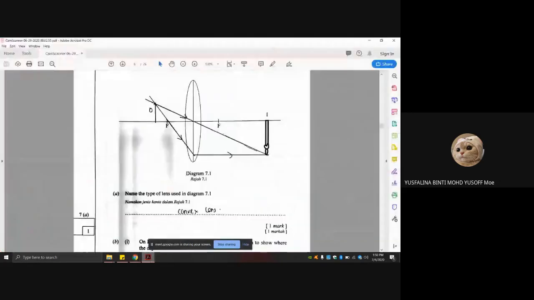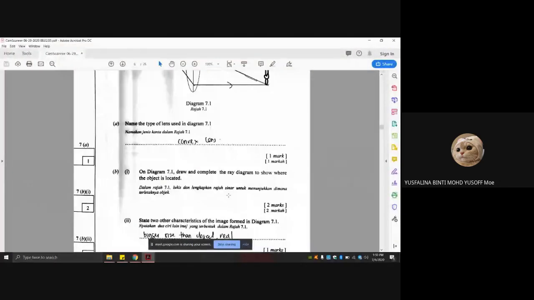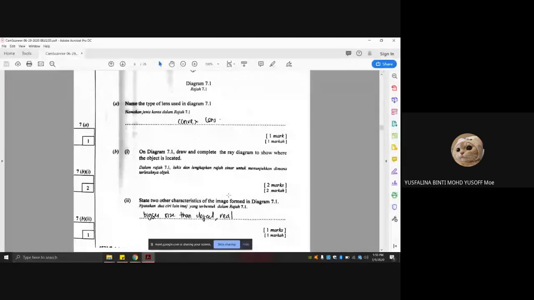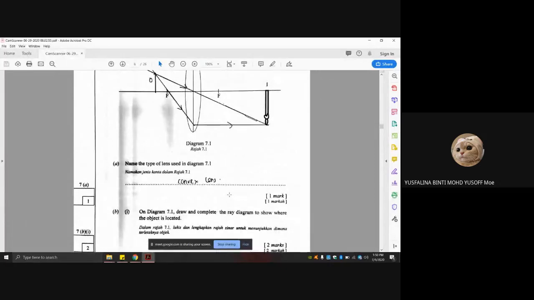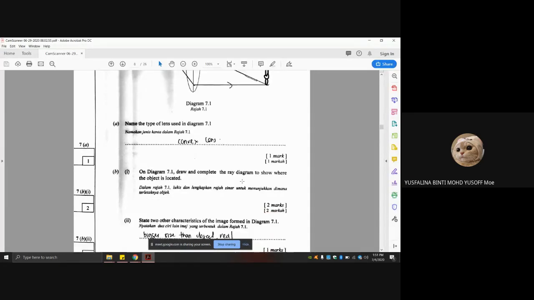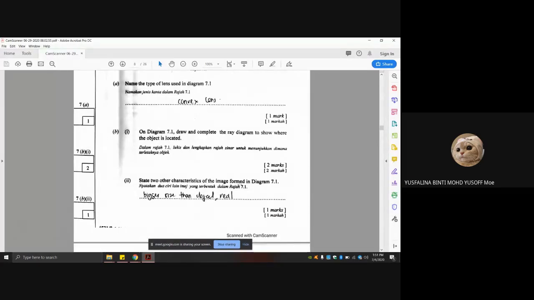The next one is: state two other characteristics of the image formed in diagram 7.1. If you answer inverted, it's wrong, because the diagram already shows the image is inverted. The question asks for two other characteristics.